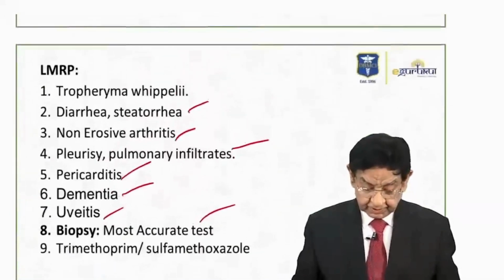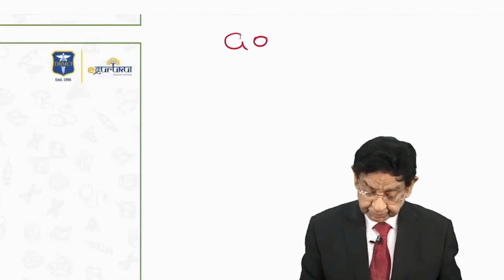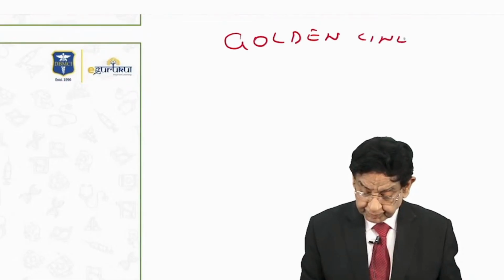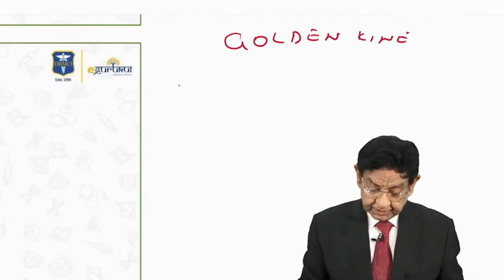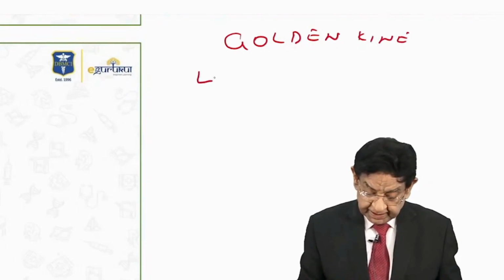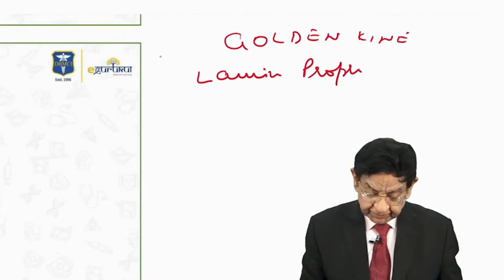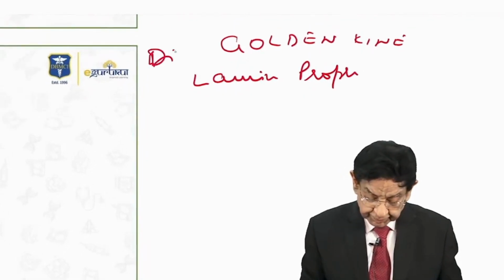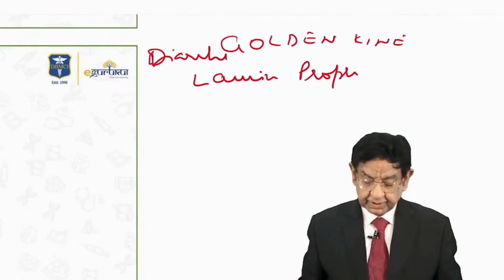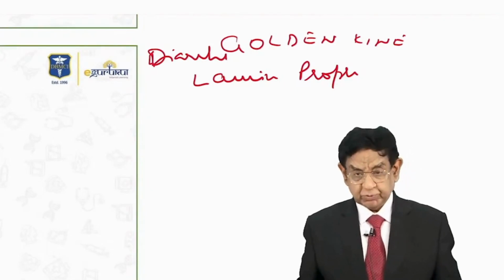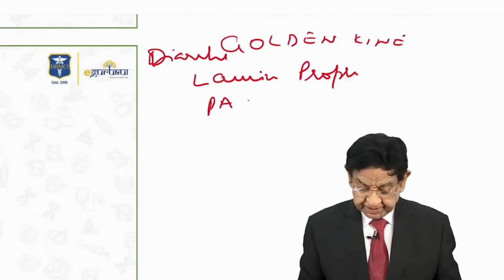So, write down the golden line. Lamina propria, patient with diarrhea, and the biopsy shows lamina propria having PAS positive material.